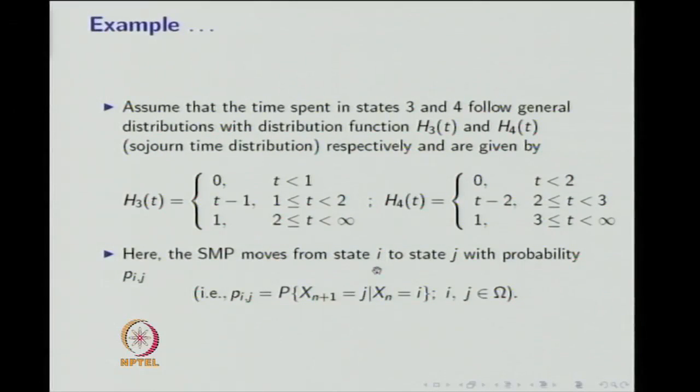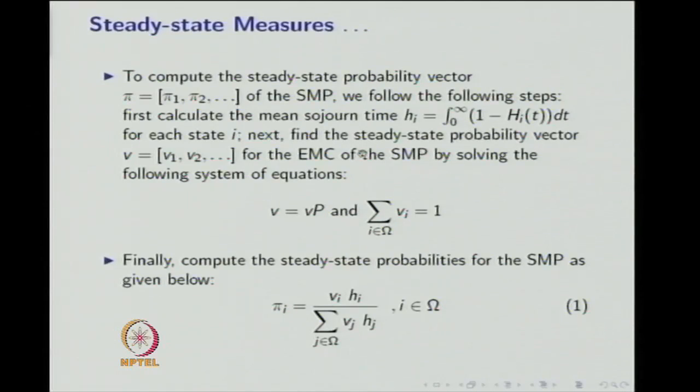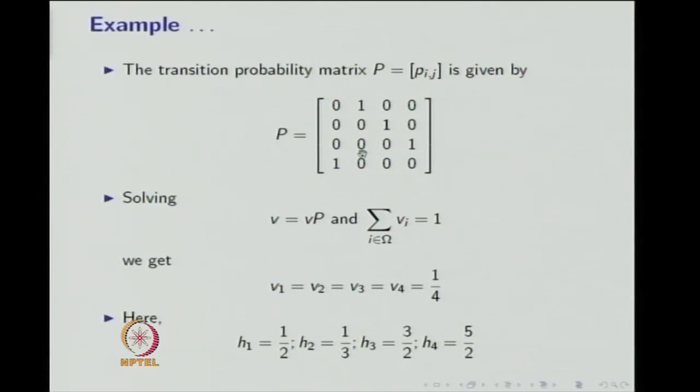The semi-Markov process moves from state i to j with the probability P i j, that is the transition probability matrix, which can be written with the states 1, 2, 3, 4. In one step, the system moving from state 1 to state 2 is sure, therefore that probability is 1 and all other probabilities are zeros.